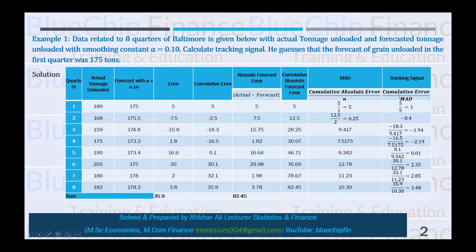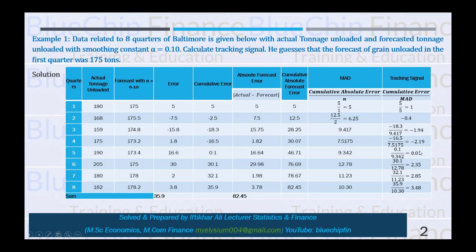The first cumulative error is 5, and the mean absolute deviation is also 5, so 5 divided by 5 equals 1. The second cumulative error is minus 2.5 divided by 6.25 equals minus 0.4. For the third time period, minus 18.3 divided by 9.417 equals minus 1.94.